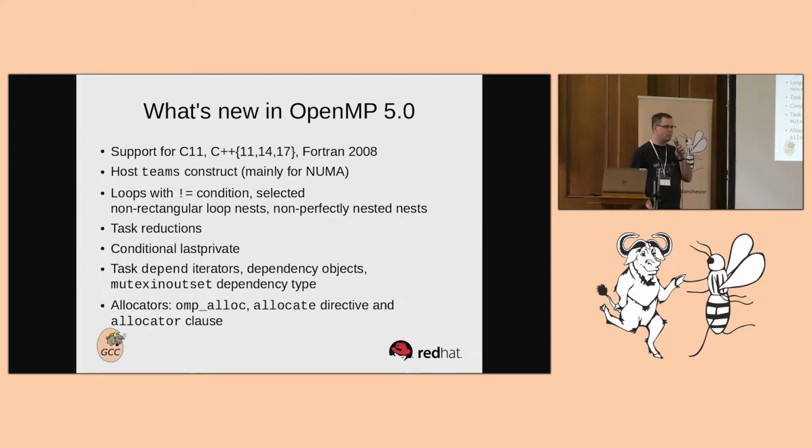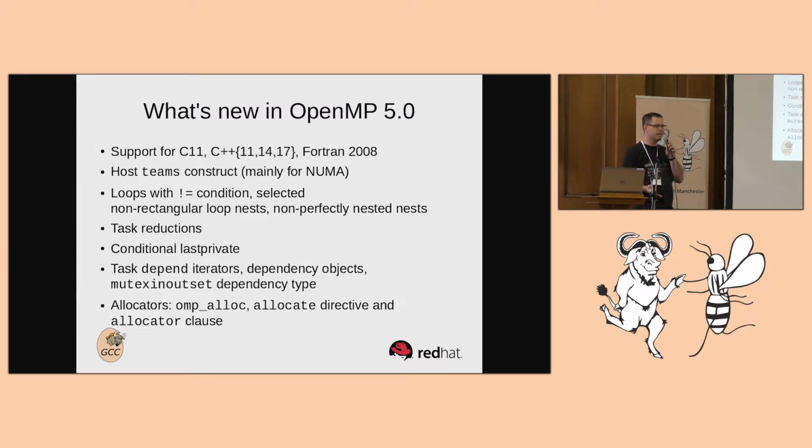A bad example of what we've done in the past was when _Atomic was introduced in C11. For a couple of years, whenever you used OpenMP pragmas in the same translation unit as _Atomic, GCC gave you an error or a sorry. That's really not acceptable because you could use it somewhere else.